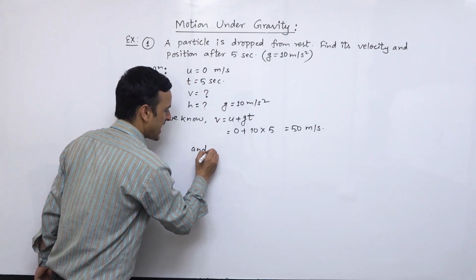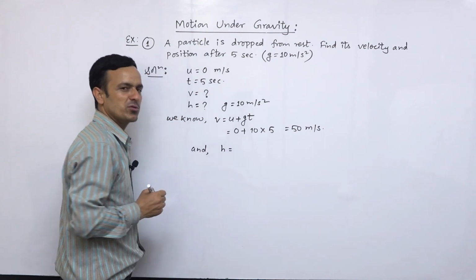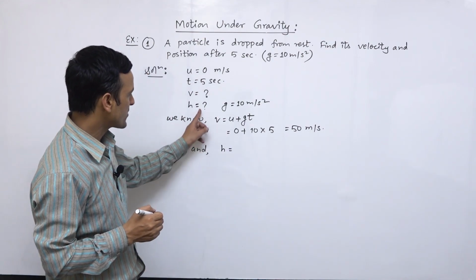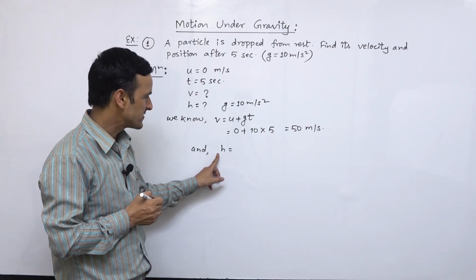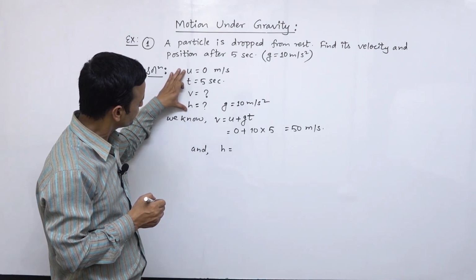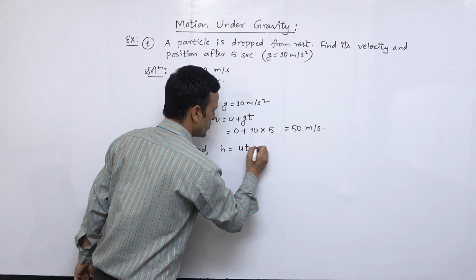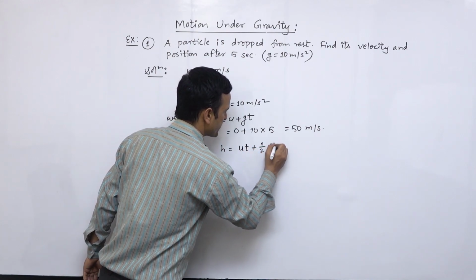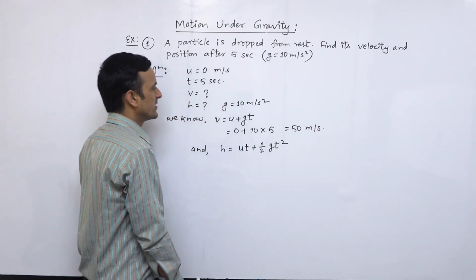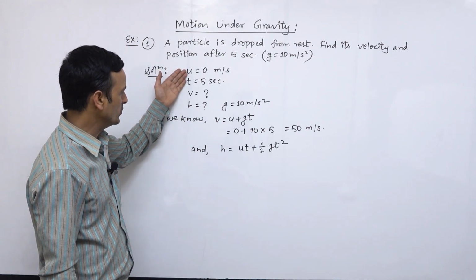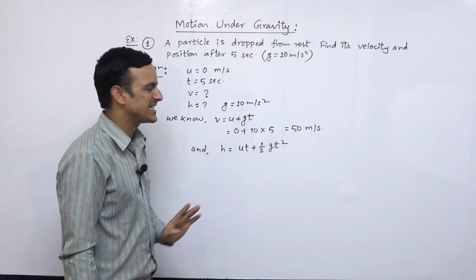Similarly, to find h, we can use another formula. Which formula is suitable to find h for this data? For this information, we can use ut + 1/2 gt². We have the value of u, value of g, value of t.